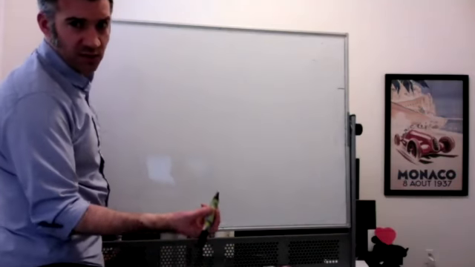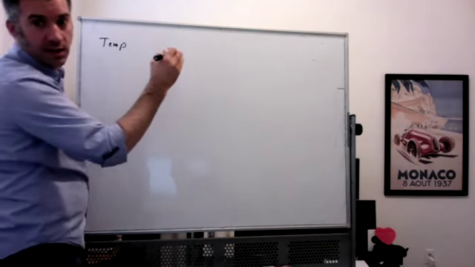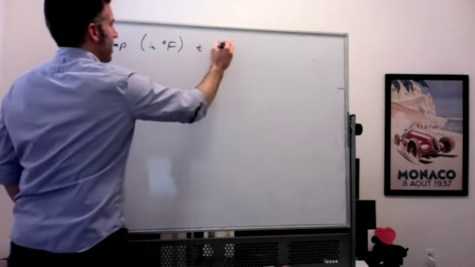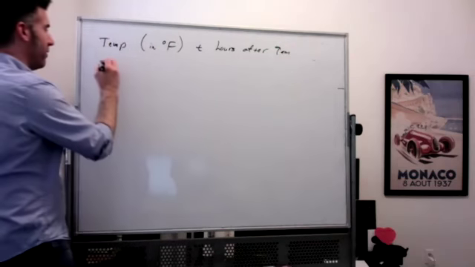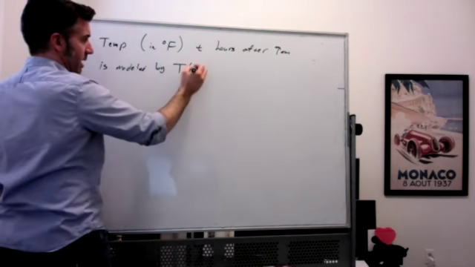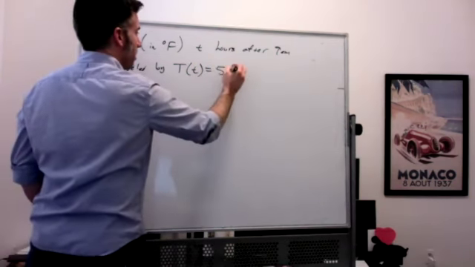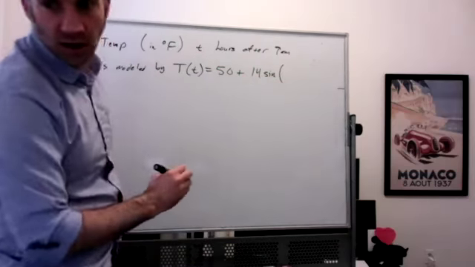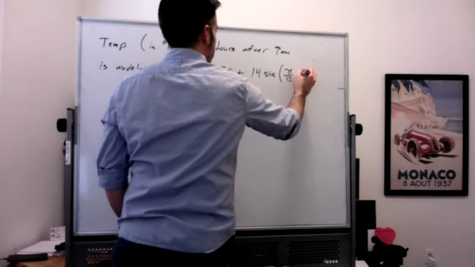This is from section 6.2, number 13. In a certain city, the temperature in degrees Fahrenheit, T hours after 9 a.m., is modeled by the function: the temperature, capital T, at time t hours after 9 a.m. is equal to 50 plus 14 sine of pi over 12 times t.